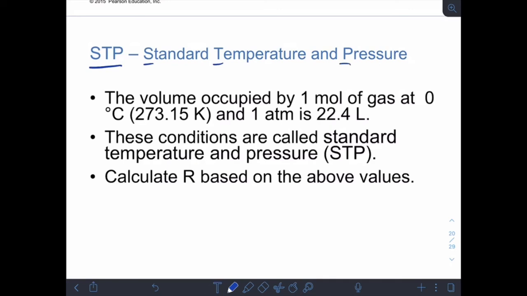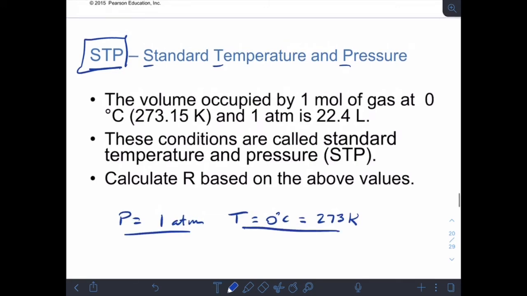At standard temperature and pressure, the pressure is 1 atmosphere, and the temperature is 0 degrees Celsius, 273 K. Anytime you see STP in a problem, that immediately gives you 2 pieces of information. Many problems will just say such and such happens at STP, without explicitly saying 1 atmosphere and 273 K.